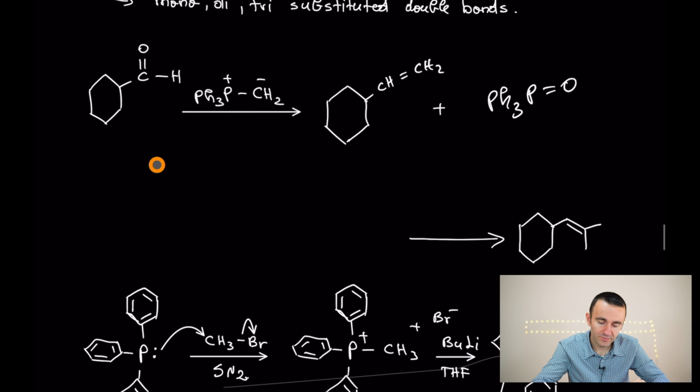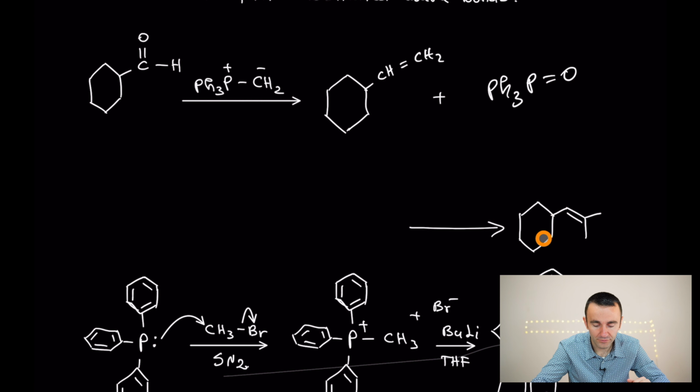So let's assume now that we want to go in reverse. We want to form with the Wittig reaction this compound here. Of course, first what we are going to do is break this double bond. And one part is going to be the Wittig reagent, and the other part is going to be the aldehyde or ketone. In this case, we are going to form the Wittig reagent with this carbon here that is secondary instead of this carbon that is tertiary.